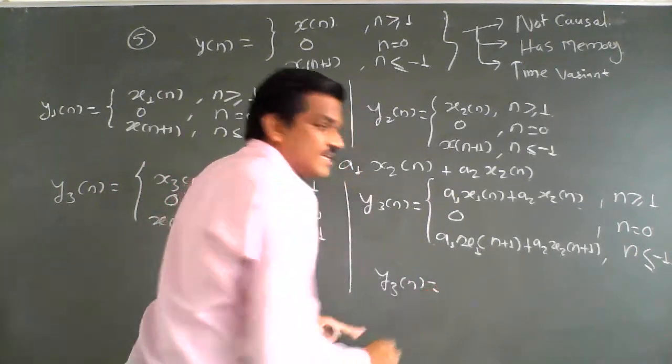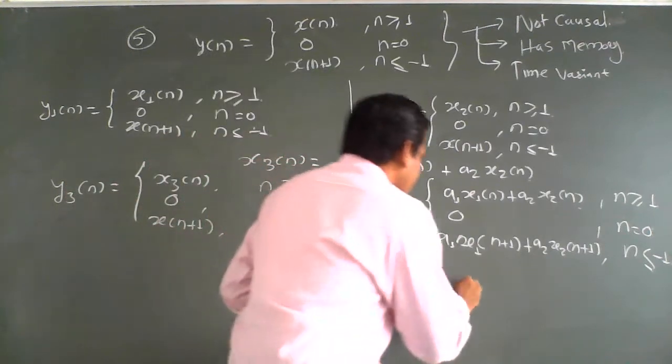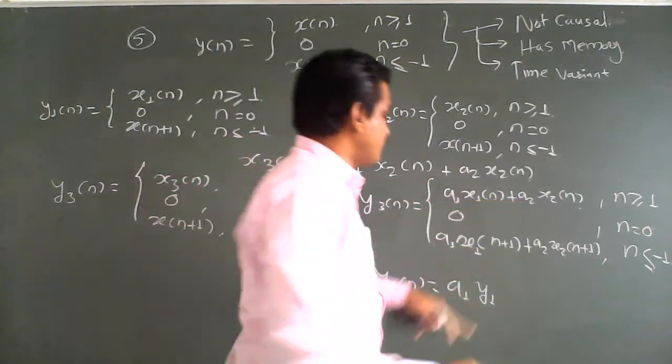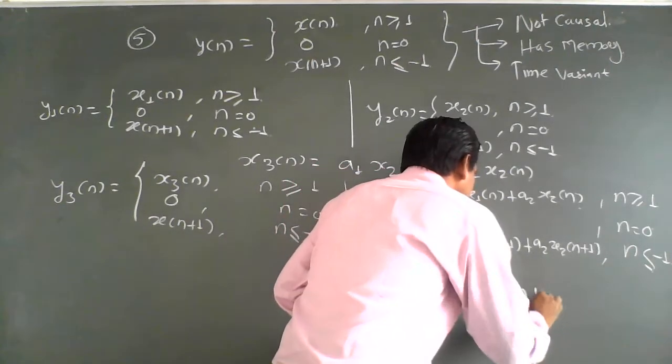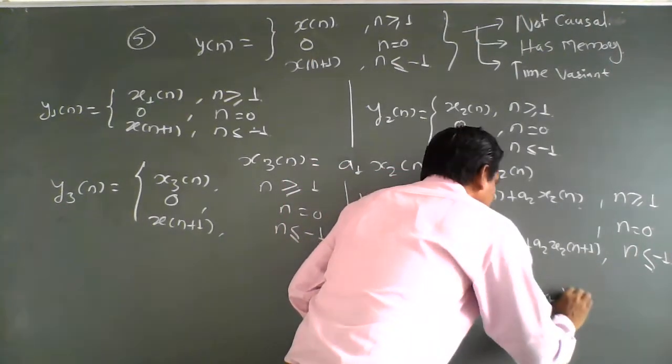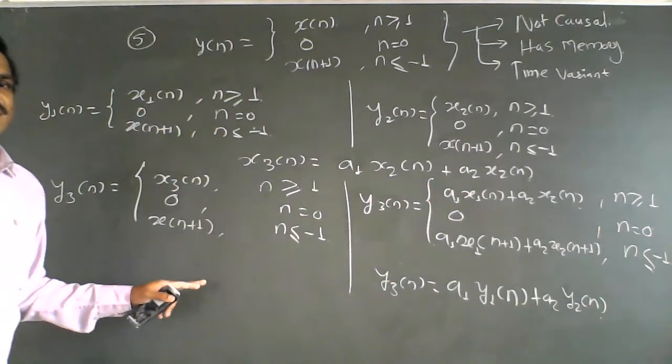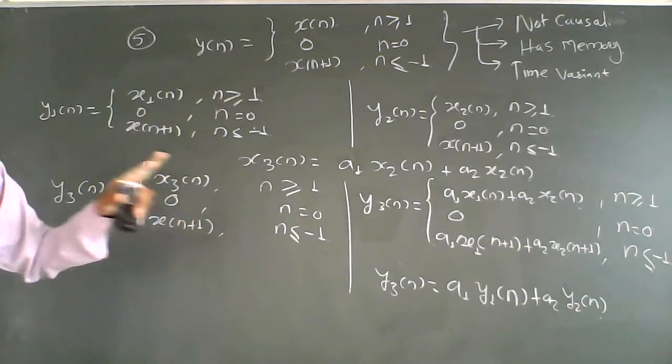Which is nothing but a1 y1 of n plus a2 y2 of n.